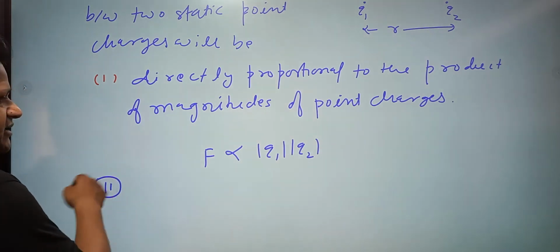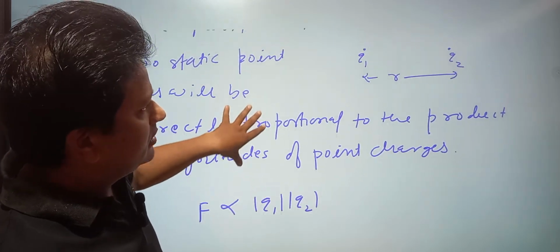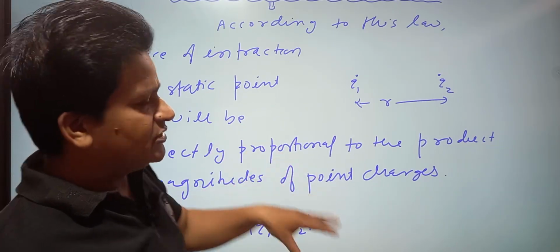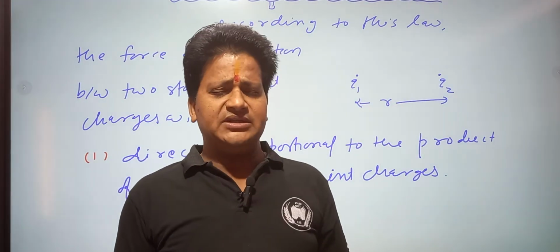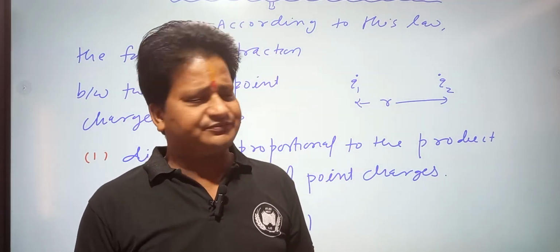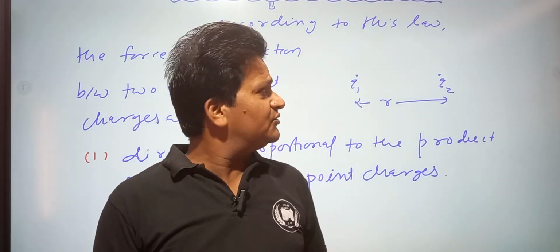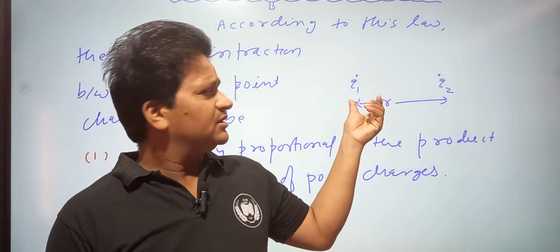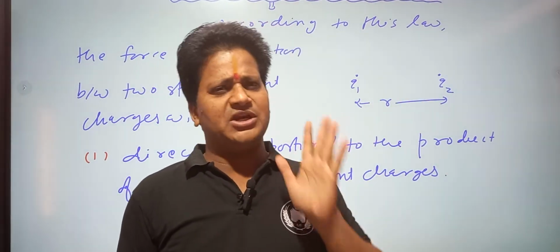The second point is, please look here at the board. If the separation between the charges decreases, what will happen? The force of interaction will increase in the same ratio.